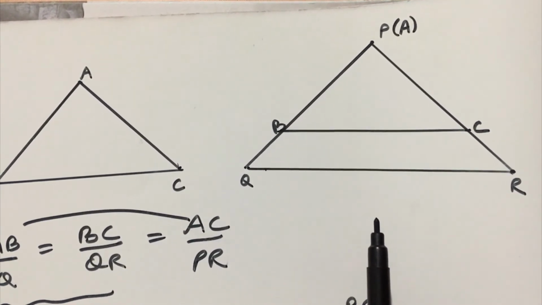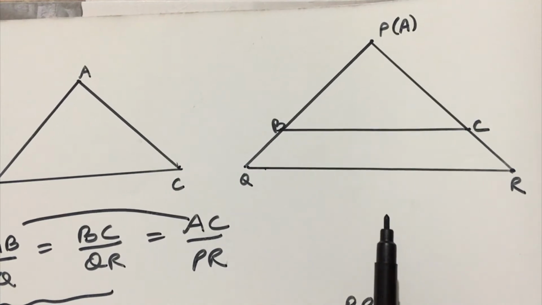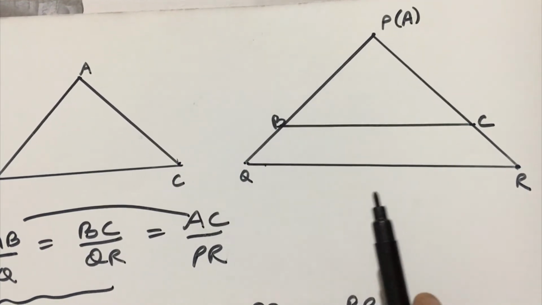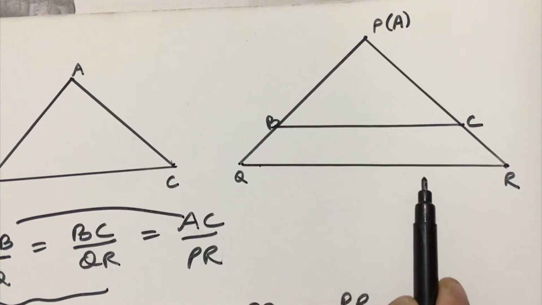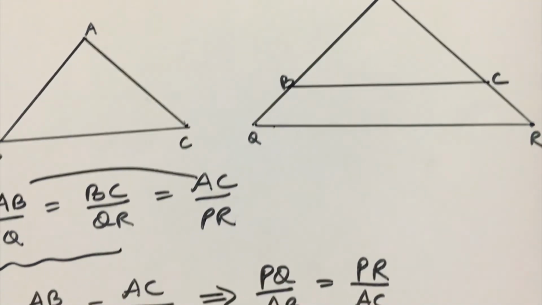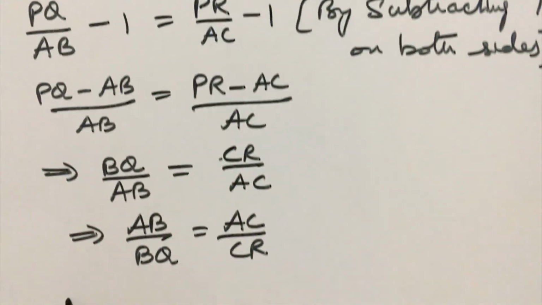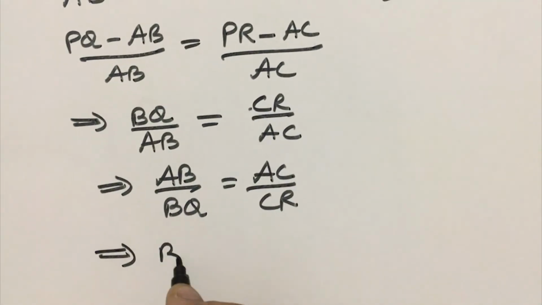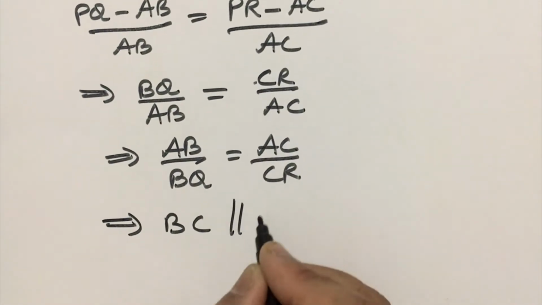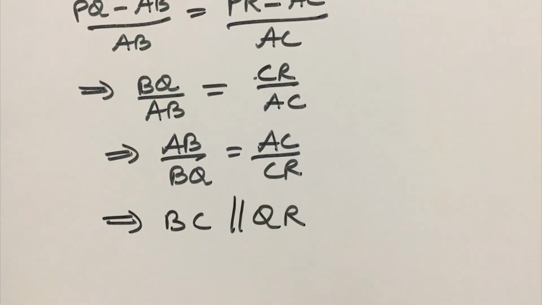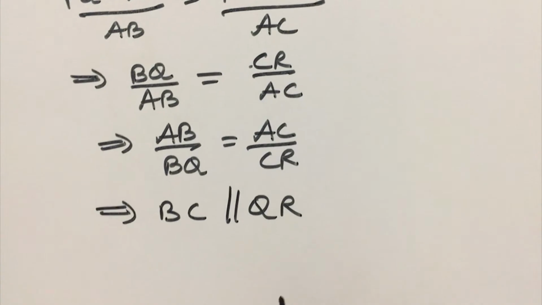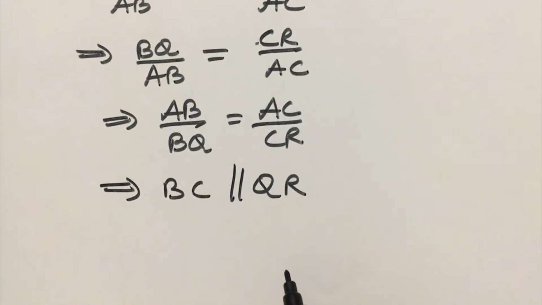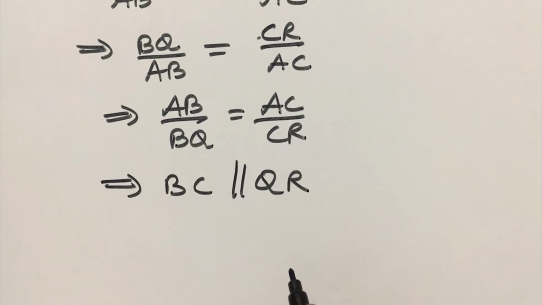If any two sides are divided proportionally in a triangle, then the line joining those two points is parallel to the third side. So, here you can write that this implies BC is parallel to QR. If a line divides any two sides in the same proportion, then it is parallel to the third side, that is the converse of BPT, right?